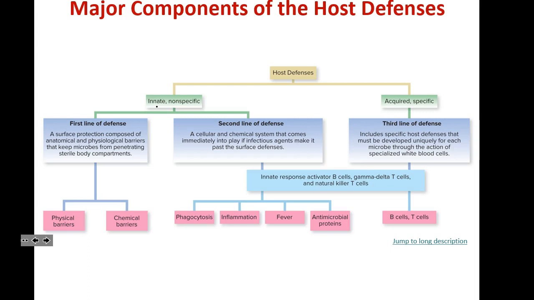A phagocyte, which could be what kind of white blood cells? A phagocyte eats up microbes. Inflammation is what? Fever is, antimicrobial proteins.